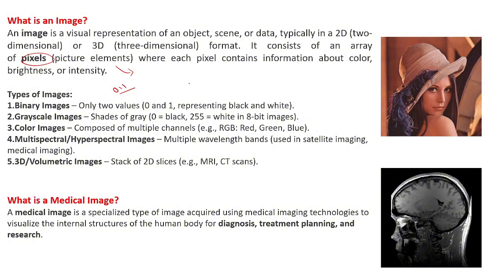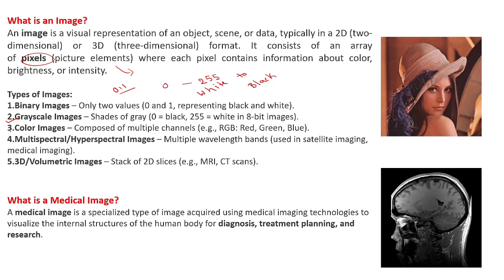A further classification of grayscale images is 0 to 255, the 8-bit grayscale image, and the shade varies from light to dark, that means white to black. It's not just two colors, black and white; it has variations of black and white. So that is called a grayscale image.